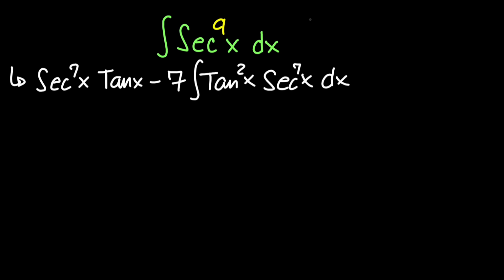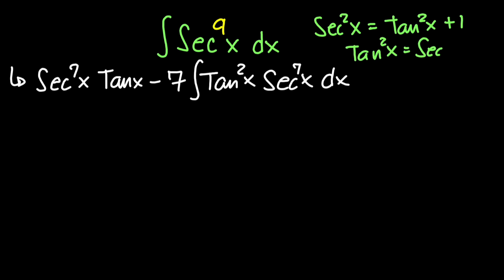According to the trigonometric identity, secant squared of x would be equal to tangent squared of x plus 1. And since what we need here would be tangent squared of x, we would need to put 1 to the other side, which makes tangent squared of x equal to secant squared of x minus 1.